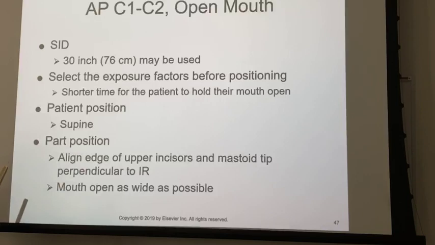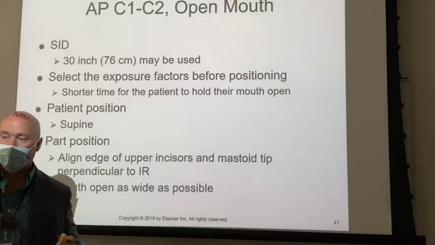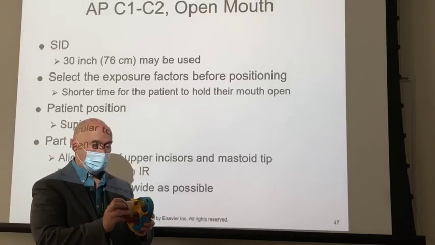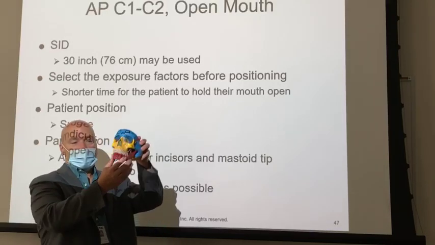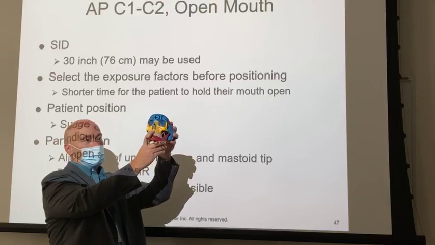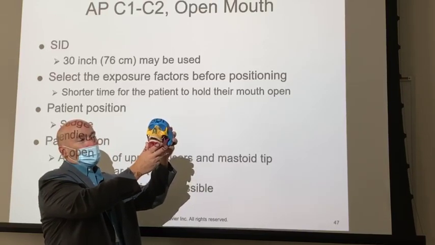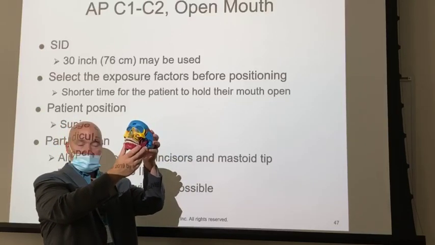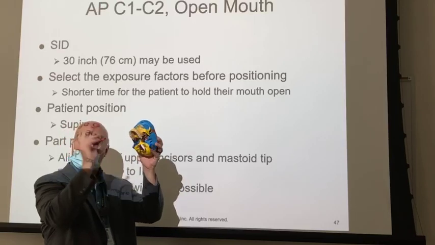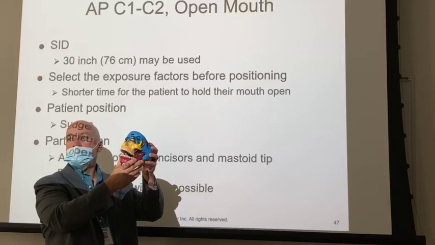Now still, that corrects the problem of the angulation of the skull, but it does not correct the problem of not being able to open the patient's mouth. But if they can open their mouth just a little bit, then what you can do is angle the central ray so that it's parallel to the acanthomeatal line, and have the patient open and close their mouth as quickly as they can during a long exposure time, and what will happen is that the mandible and the teeth will blur out.